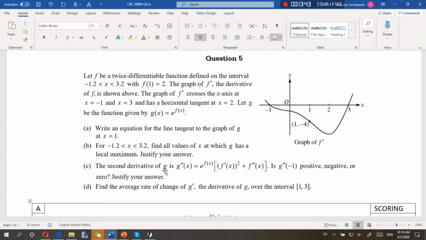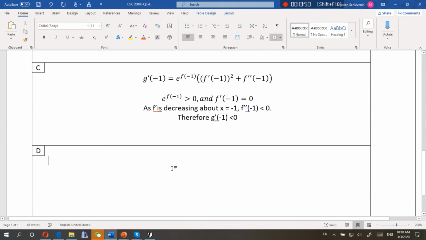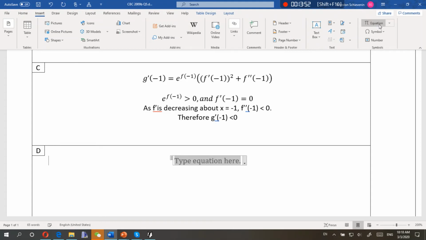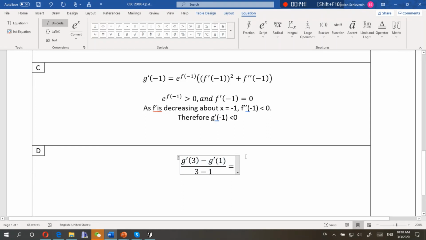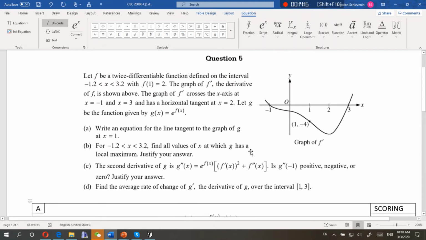Oh, average rate. So it's g prime 3 minus g prime 1 divided by 2. Okay, and then we'll have to substitute. So we need g prime 3 first.